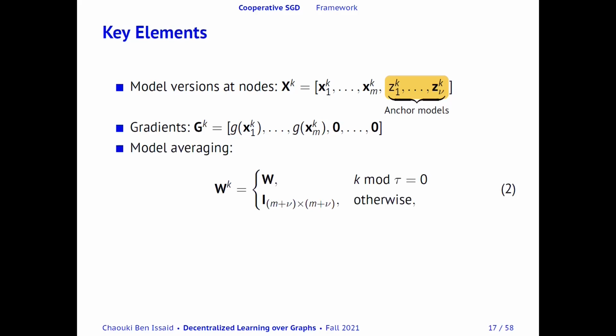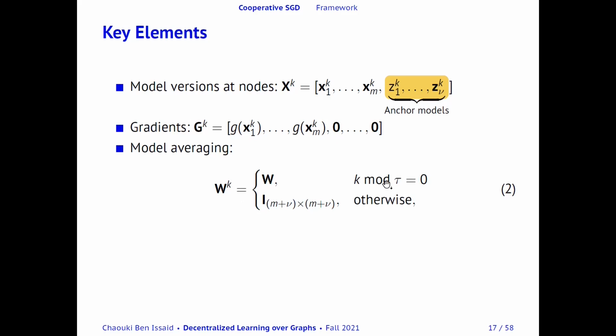At iteration k, the local models and auxiliary variables are averaged with neighbors according to a time-varying mixing matrix. Note that W_k is time varying in order to capture the periodic averaging of the algorithm. In fact, the identity matrix I here of order m plus nu means that there is no internode communication during the tau local updates.